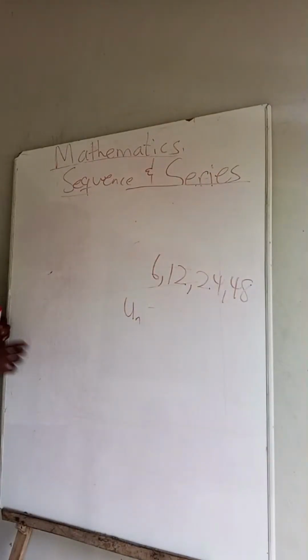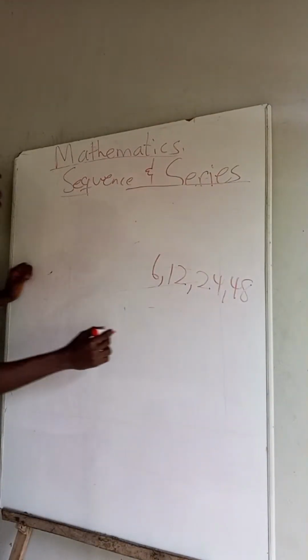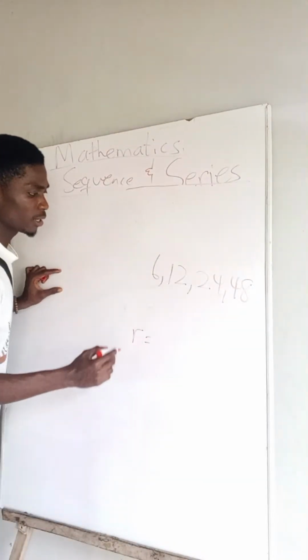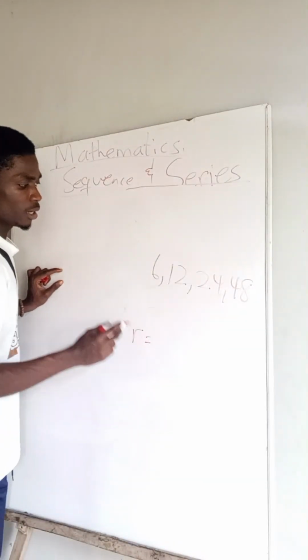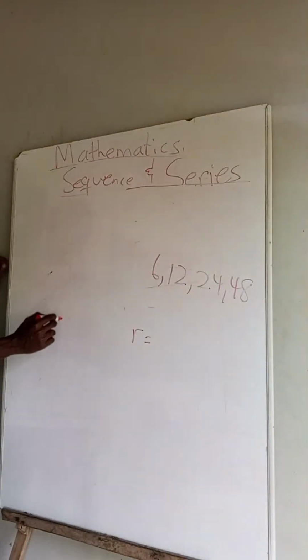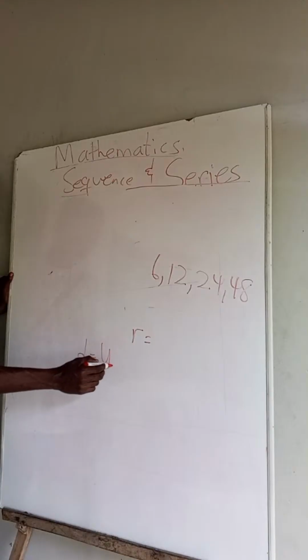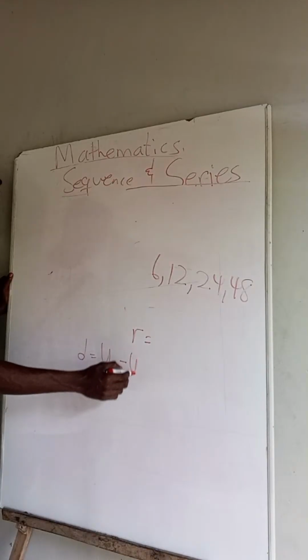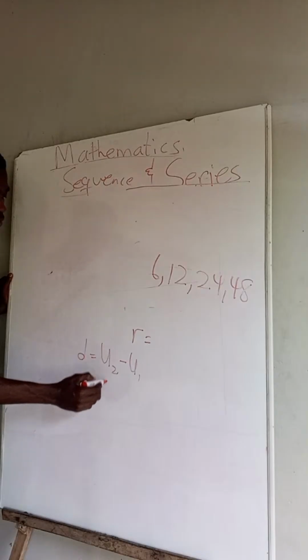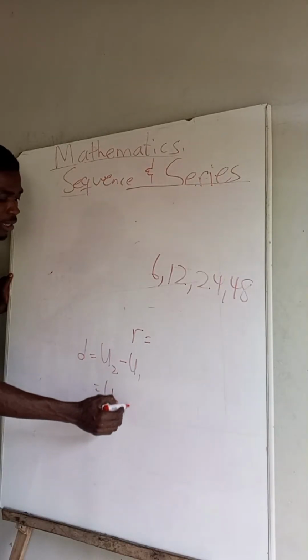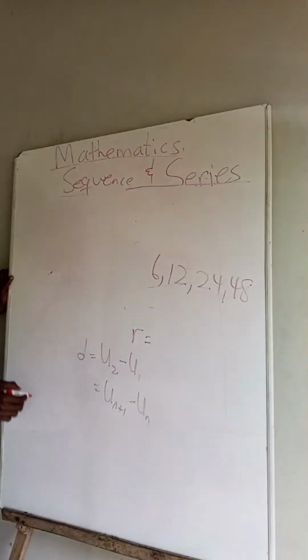For us to get the common ratio R, it's similar to the common difference. What is the common difference? U2 minus U1, or Un+1 minus Un, right? Good.